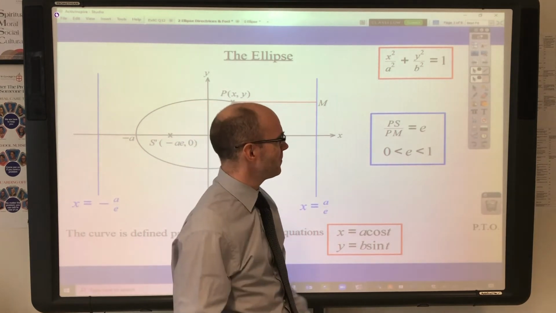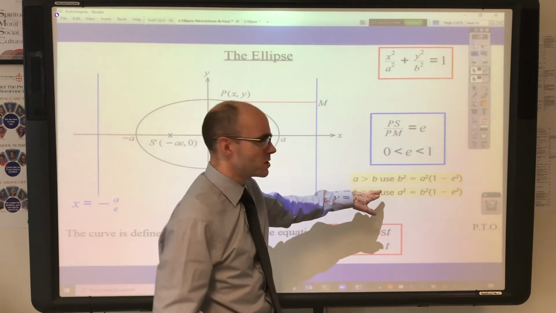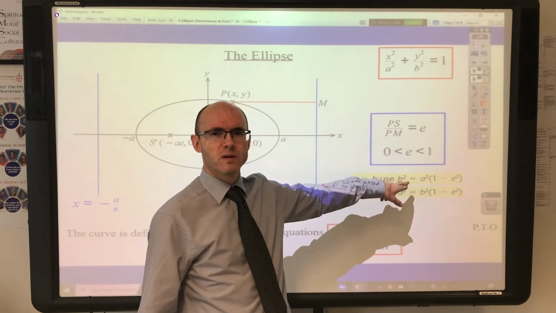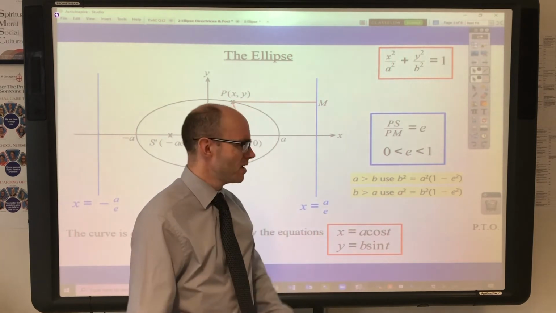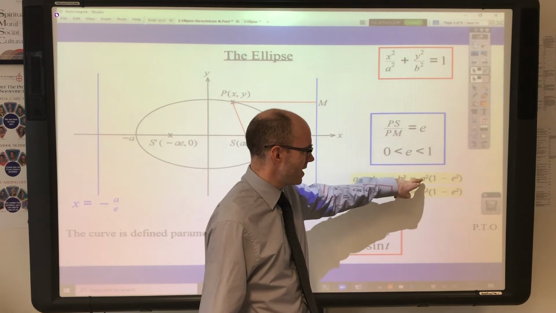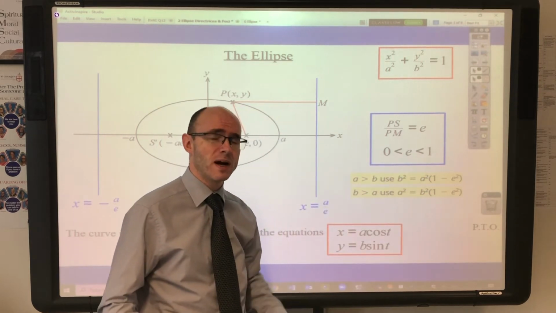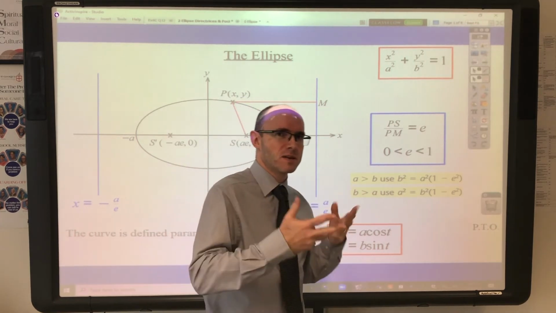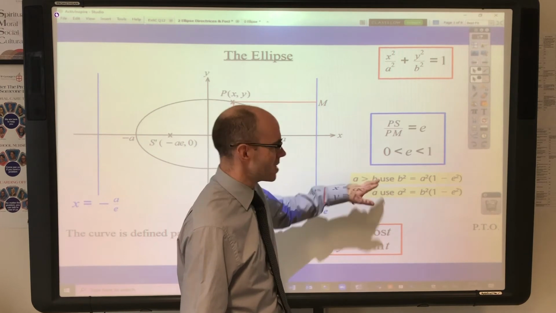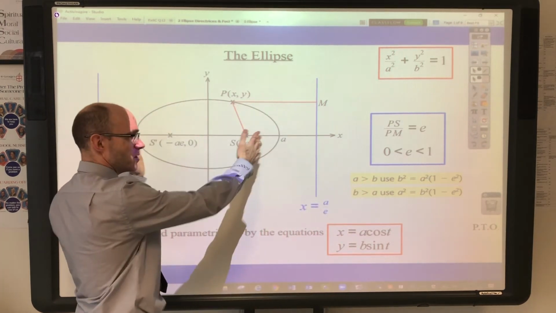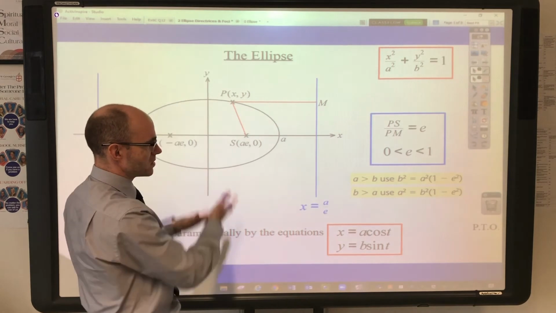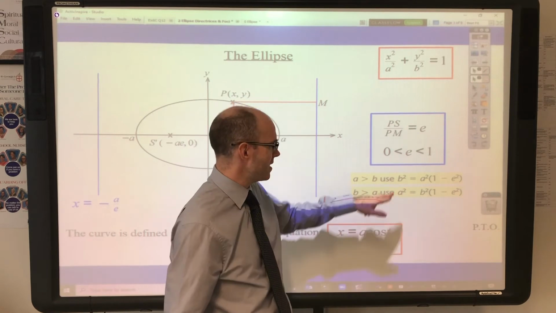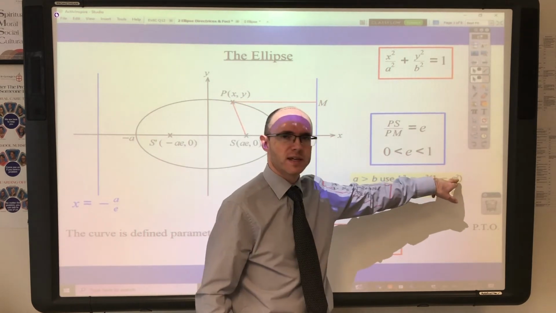Now, before I move on, let me just quickly introduce these bits, because it's rather handy to have them here. You have a formula, which hopefully I'll explain in a separate piece, relating B, A and E, which is a rather handy formula and one that you need to be able to know and use as well. For reasons you'll see at some other stage, when A is greater than B, now remember I talked about that in terms of the major axis and which way round the ellipse is being stretched, for the cases when A is greater than B, the formula relating A, B and E is B squared is A squared times (1 minus E squared).